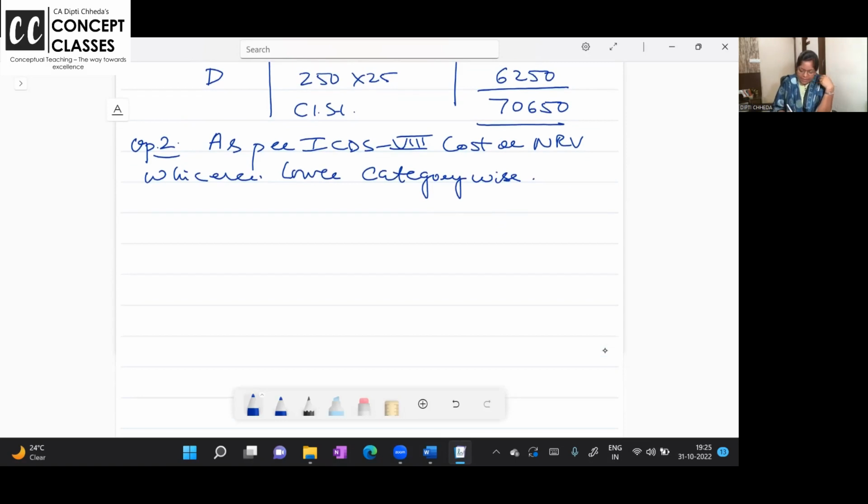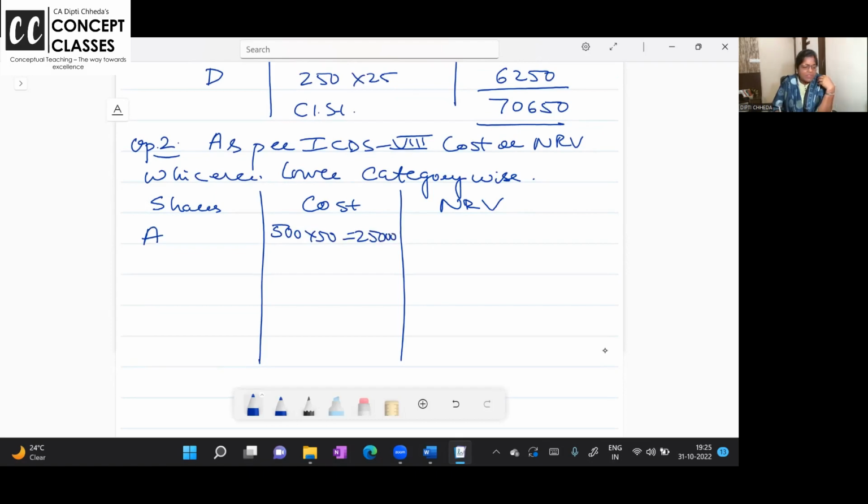तो अब हम करेंगे, देखो, shares, cost and NRV दोनों करेंगे. A company shares 500 into 50, 25,000 is the cost. 500 into 65 is the NRV. Do it for all, double calculation.